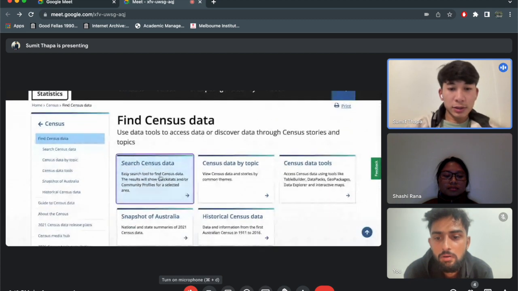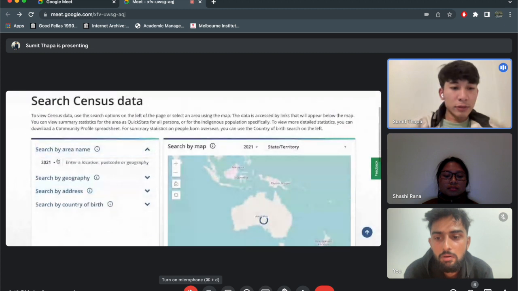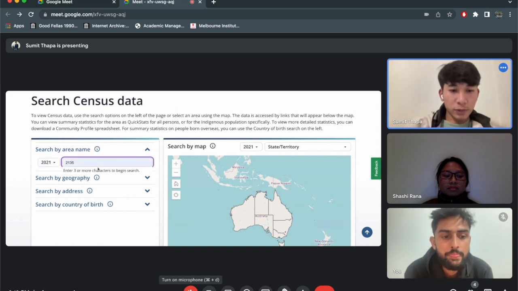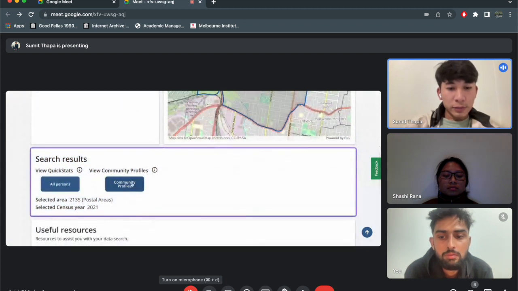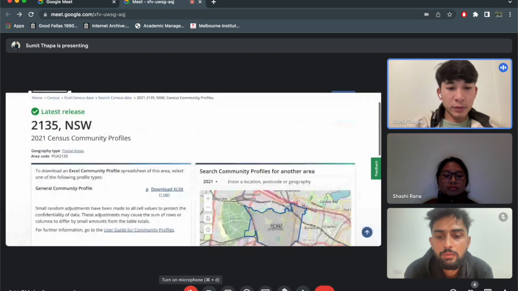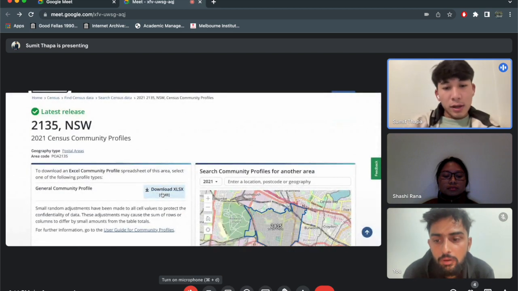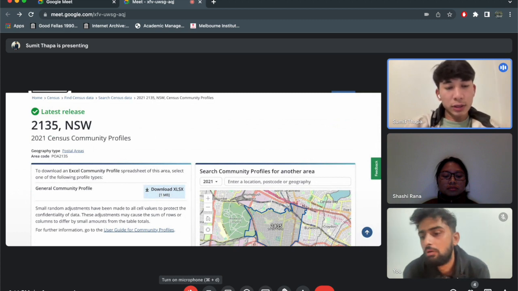We selected the year and entered the postcode we needed data for. From the bottom side, we went to community profiles and downloaded an Excel file for each community over the past five censuses.